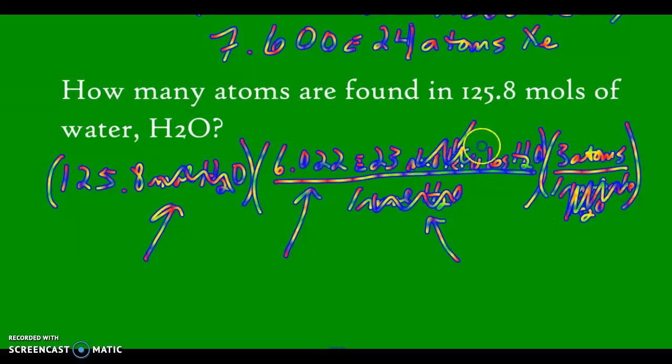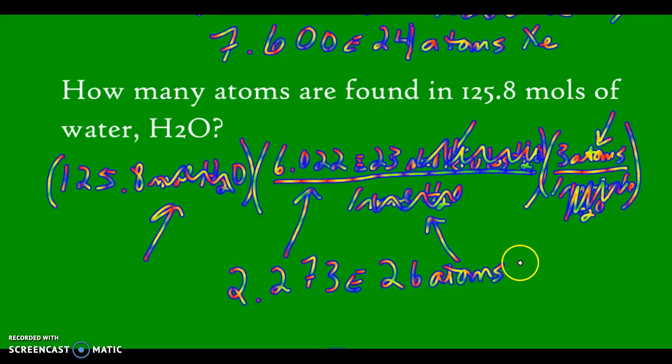So molecules of water cancel. My units are atoms. And my final answer is 2.273 times 10 to the 26th atoms in 125.8 moles of water. Fascinating, huh? Pretty good. All right.